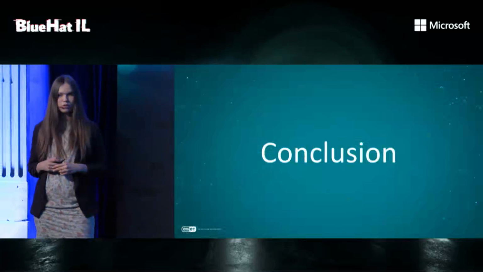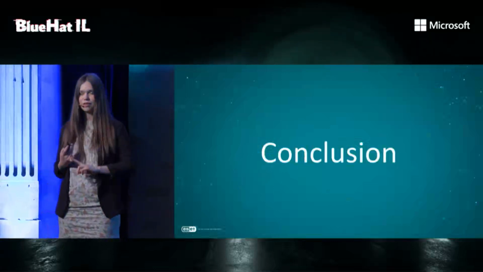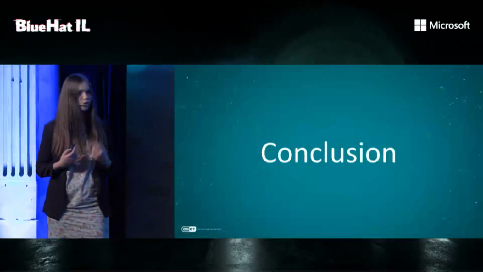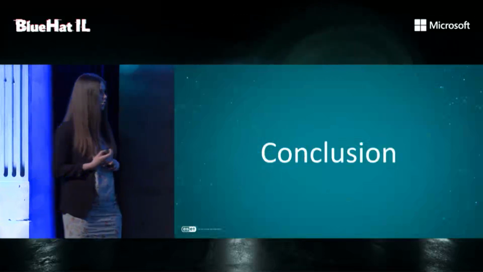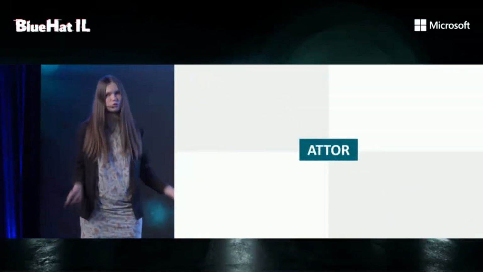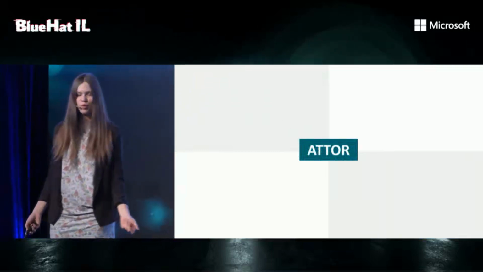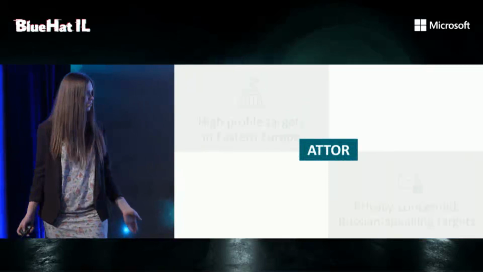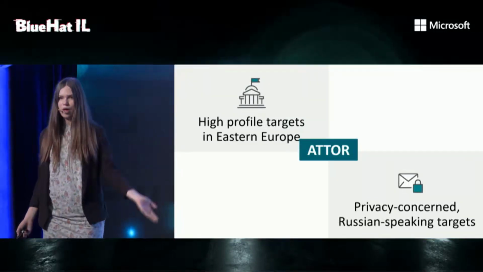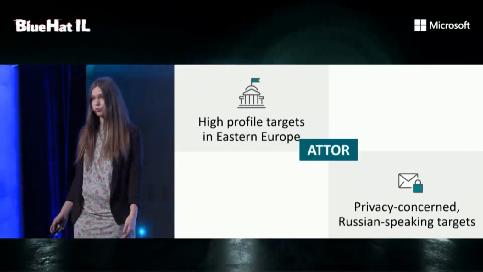So to conclude, we have seen three things that I would like you to have as takeaways from today. So first, of course, we were talking about this ATTOR malware, but this is not the most important one. But let me just summarize. The ATTOR malware is targeting two groups of users.